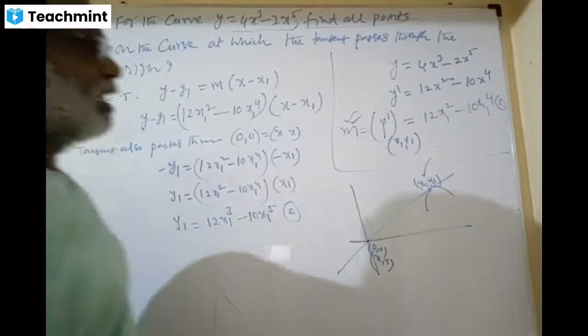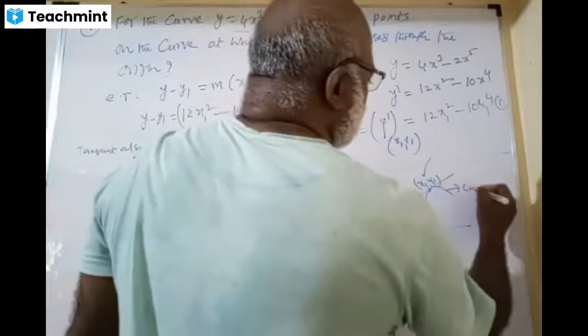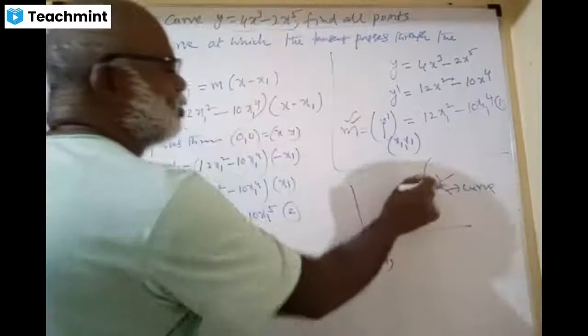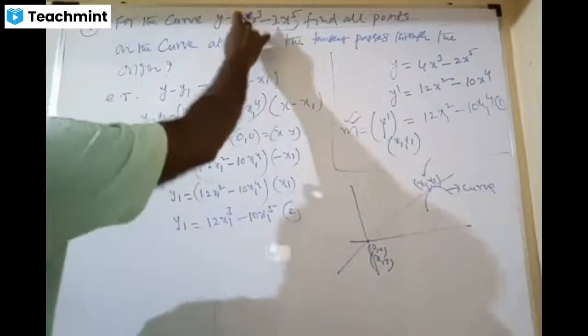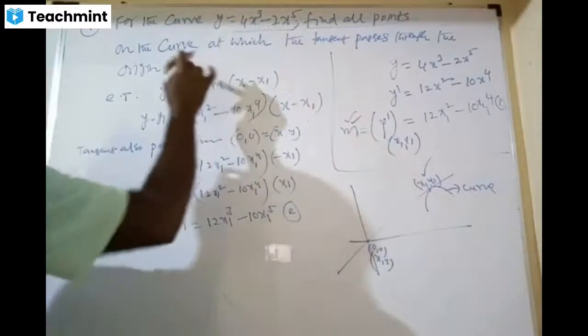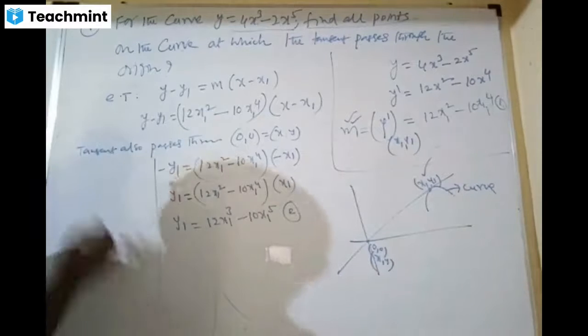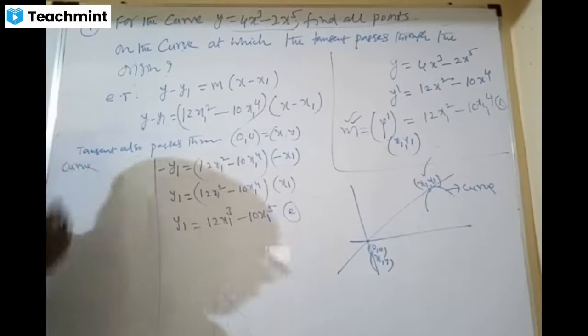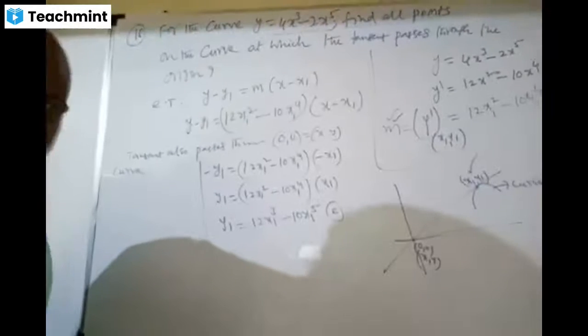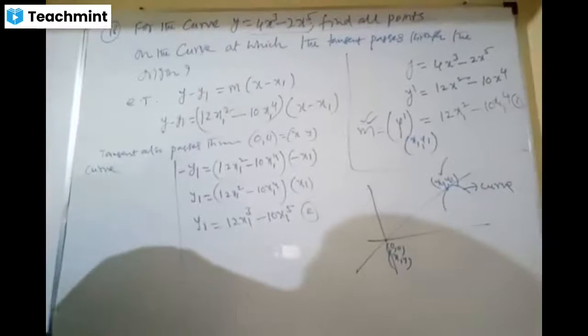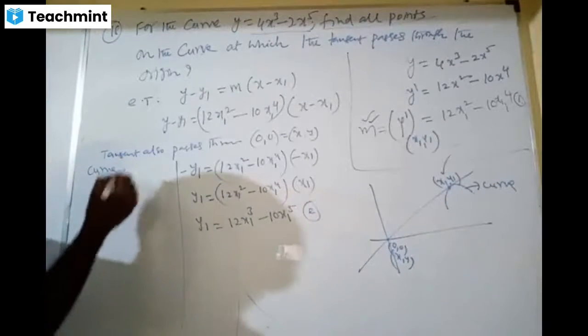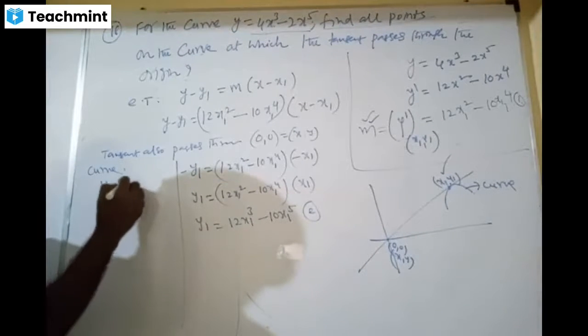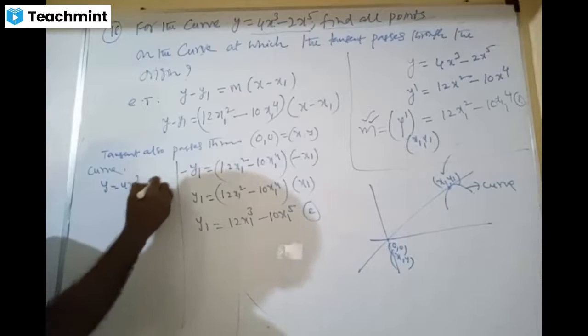Friends, the curve also passes through x1, y1. This is the curve. What is the curve now? Y equals 4x cube minus 2x power 5.